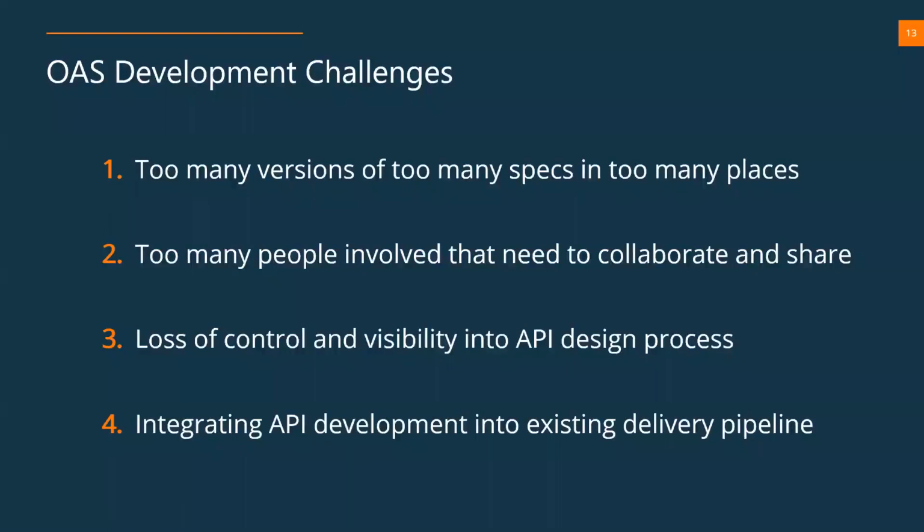Now, there's a couple of key challenges with regards to OAS development. One of the most common ones that I come across would be that there might be too many versions or too many specifications in too many places. And I suppose without a proper structure, it's okay for a smaller company or organization as they begin to design and develop those APIs.